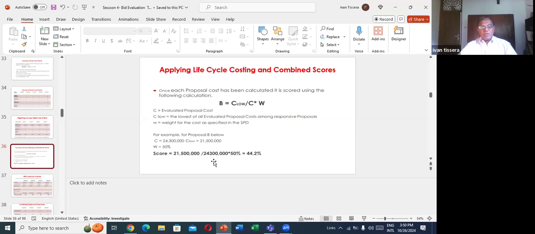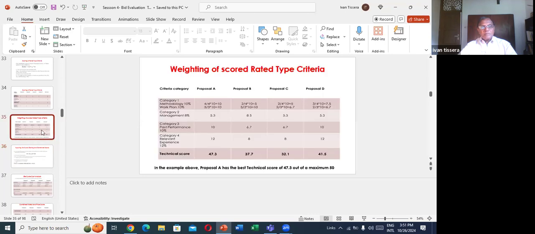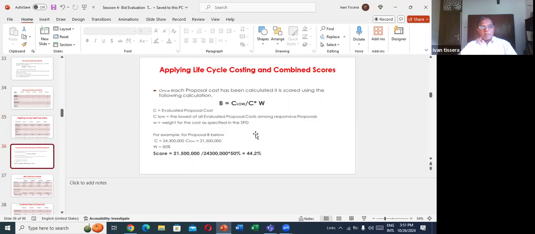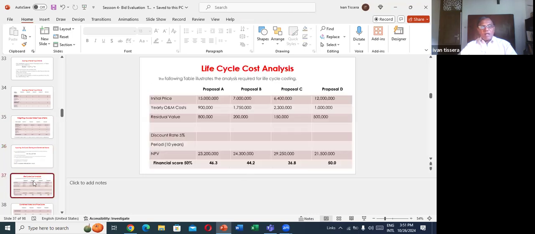Price is 24,300. 50%, that is 44.2. Proposal B. Proposal A must be calculated the same way. Whatever it is, that's how they are calculated.